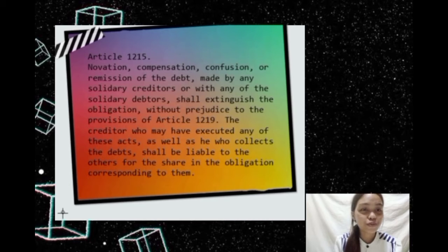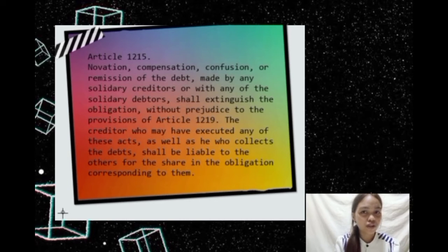If the confusion is total, the whole obligation is extinguished. The creditor causing the confusion is obliged to reimburse the other creditors, and the debtors benefited by the extinguishment of the obligation are obliged to reimburse the debtor who made the confusion possible.